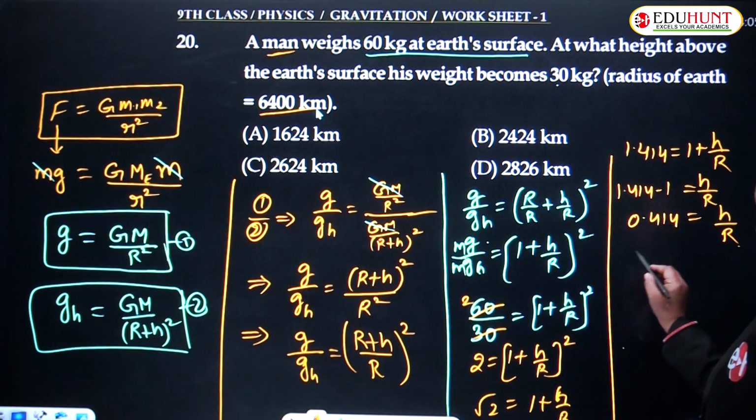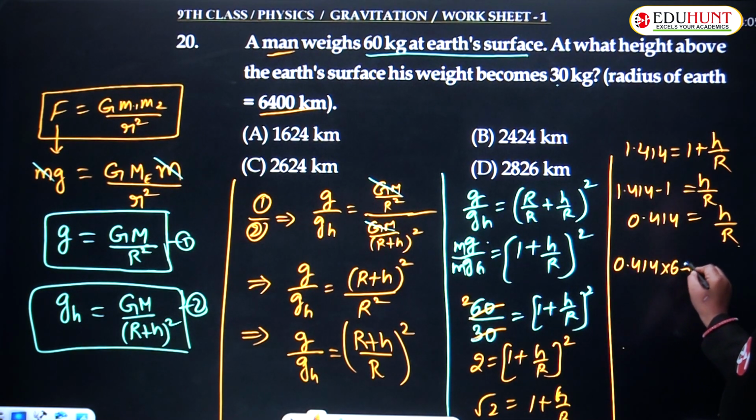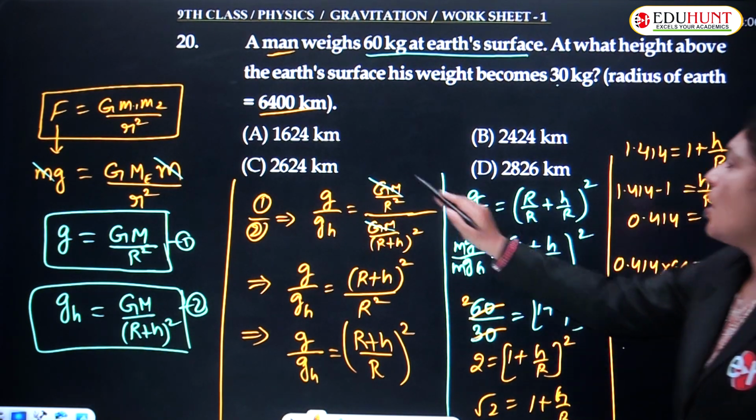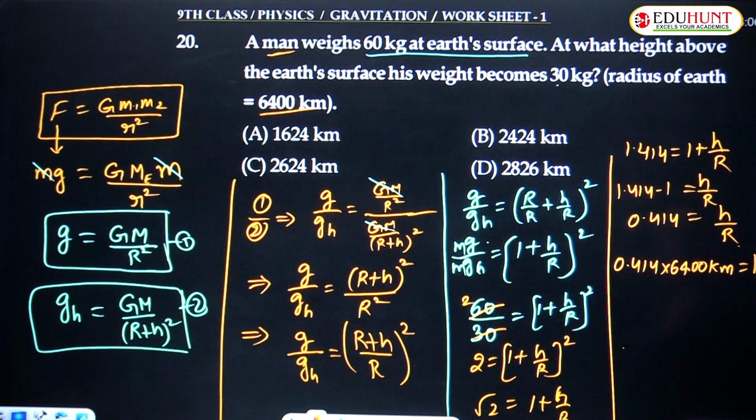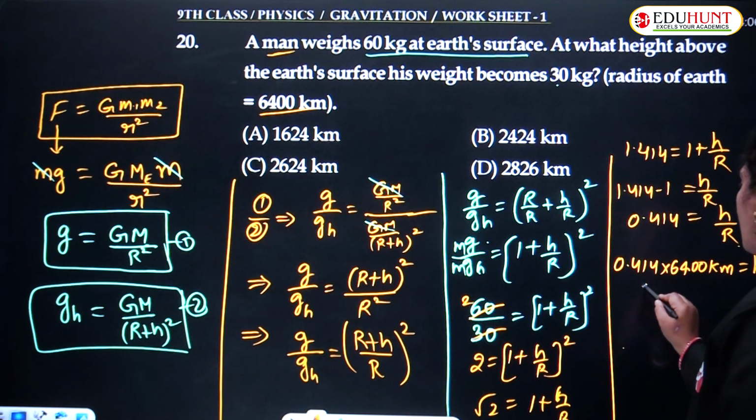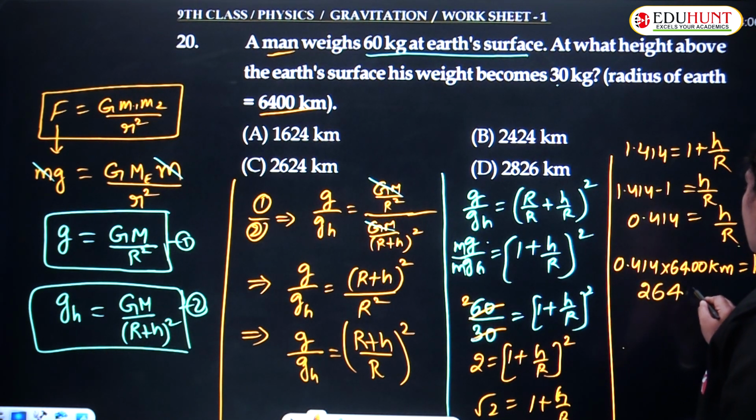So h is R times 0.414, which is 0.414 into 6,400 kilometers, because the options were given in kilometers.